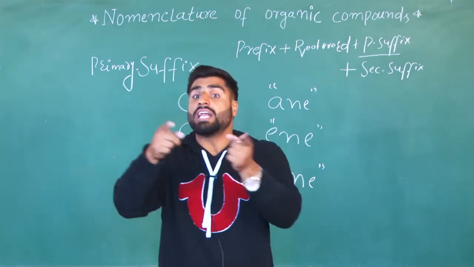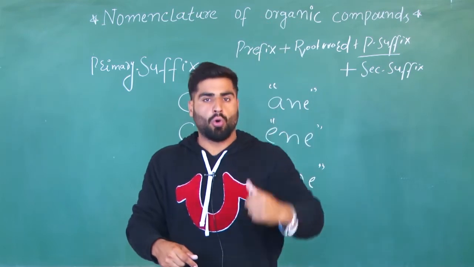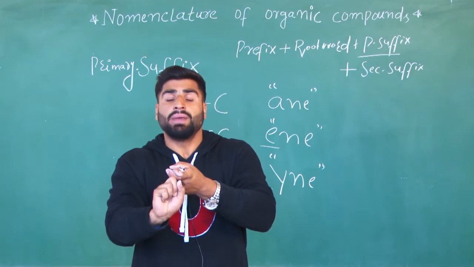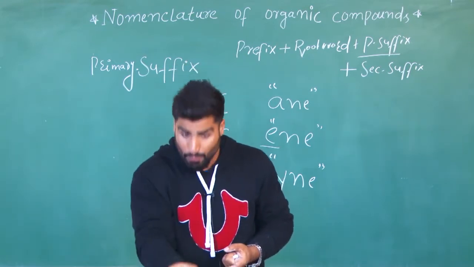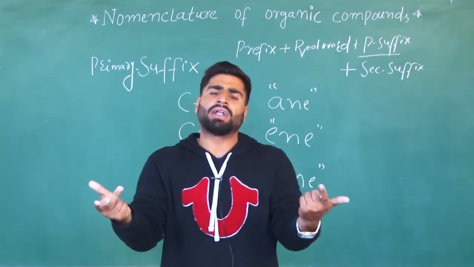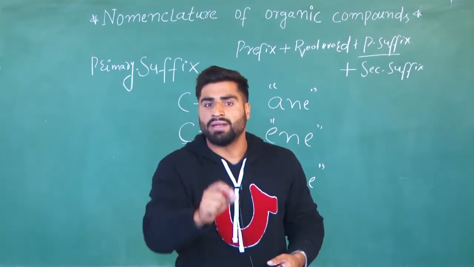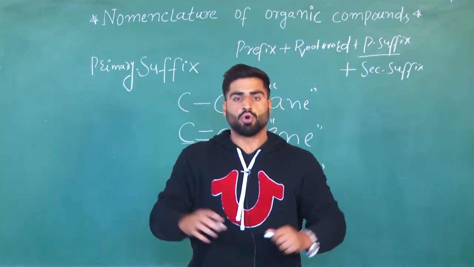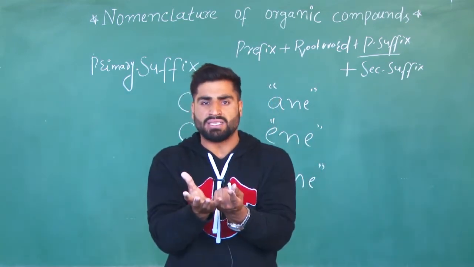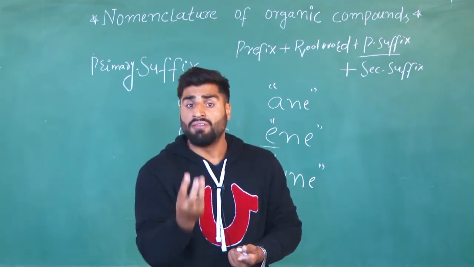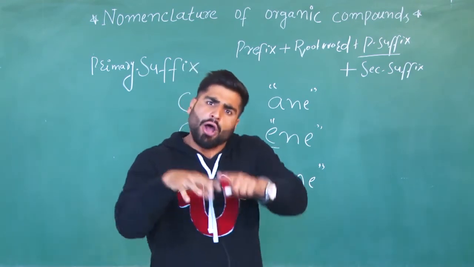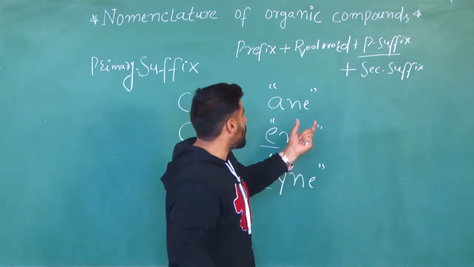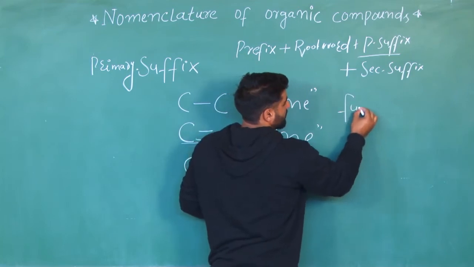It can be CHO, it can be C double bond O. A functional group is a single atom or a group of atoms that determine the physical and chemical properties of a compound. So all the physical and chemical properties of a compound are governed by a single atom or a group of atoms present in a molecule that is known as the functional group.